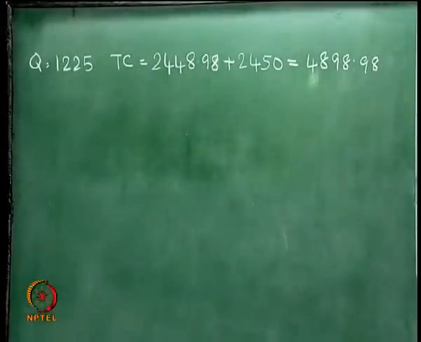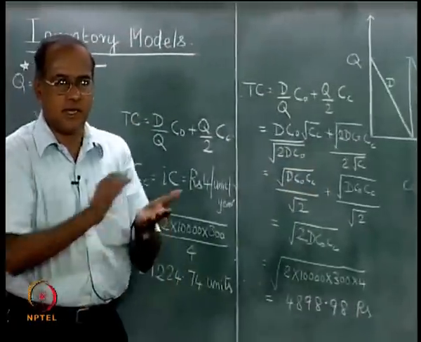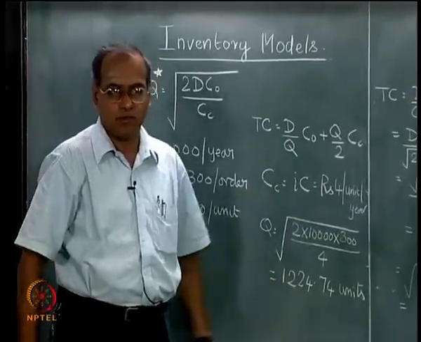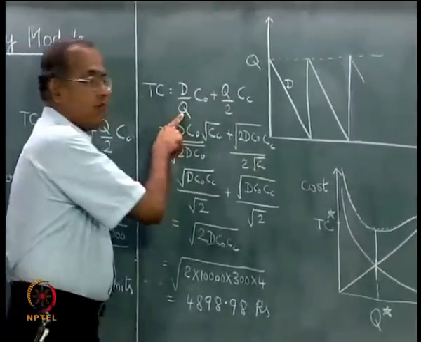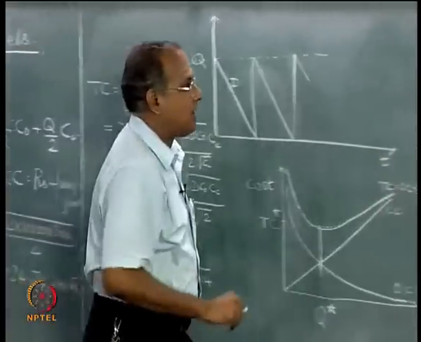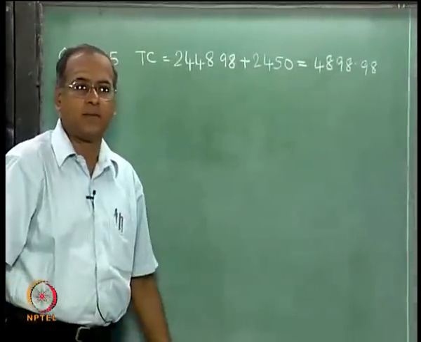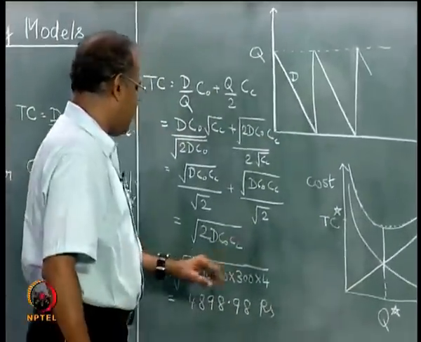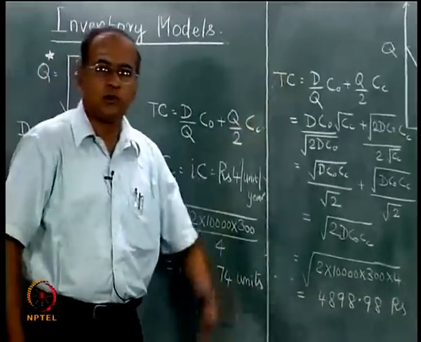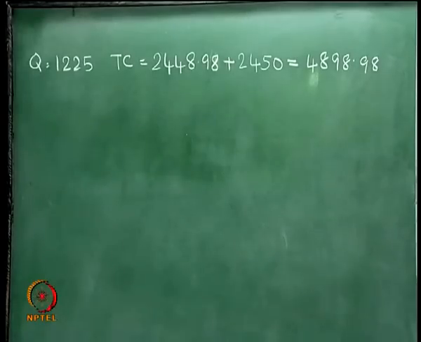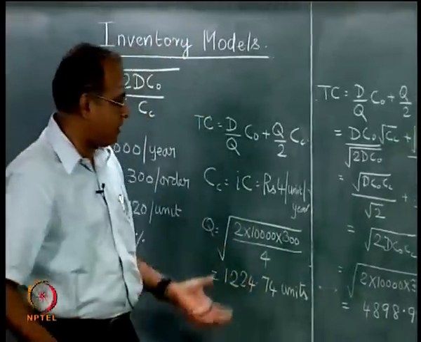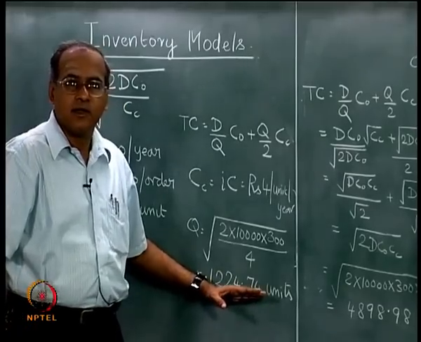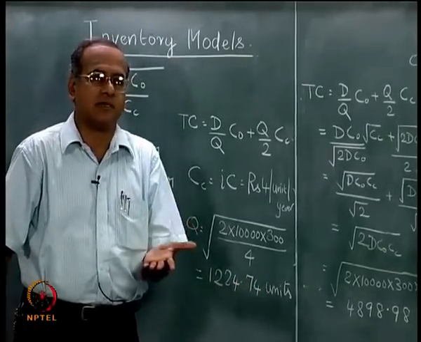Now when we substitute q equal to 1225, which is the closest integer value to 1224.74, the total cost remains at 4898.98, which is the absolute minimum. So between 1224.74 and 1225 there is absolutely no loss. So instead of implementing 1224.74, we could implement 1225 if we have to keep q as an integer.